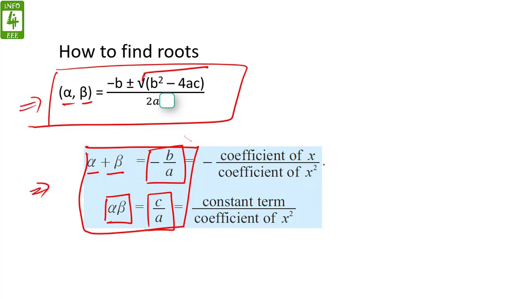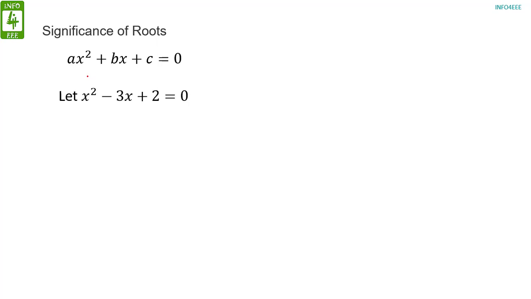Okay. Now let's understand the significance of root. If we have this quadratic equation ax square plus bx plus c equal to 0, and let's say the value of a is 1, b is minus 3, and c is 2, and I try to draw this at x equal to minus 1, 0, 1, 2, 3.